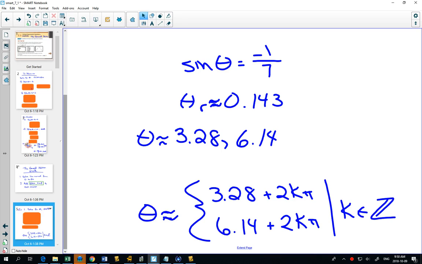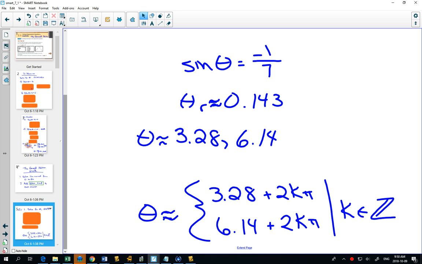So the beginning part is just solving like you would in grade 11. Of course, now we've added that you have to do it in radians instead of degrees. But the idea is the same. Find your reference angle, use your CAST rule to see which quadrant it's in, and then in this case, it's quadrant 3 and 4, so we'll go pi plus our reference angle for quadrant 3, 2 pi minus our reference angle for quadrant 4.